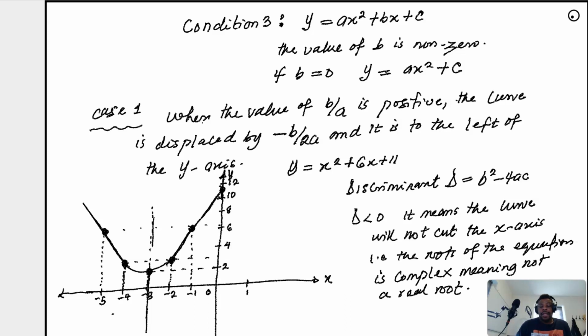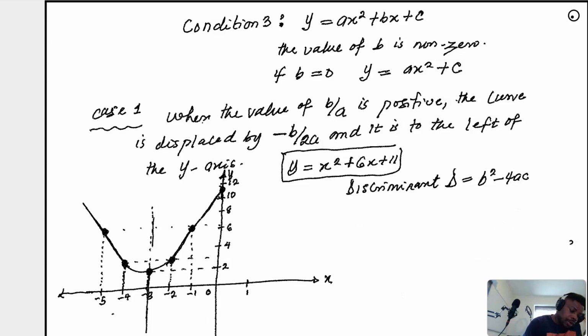So now let's see, based on our question here, if our D is less than 0, because I can see our curve is not cutting the x-axis. So here our a is 1, our b is 6, and our c is 11. So let's get D. So b squared minus 4ac.